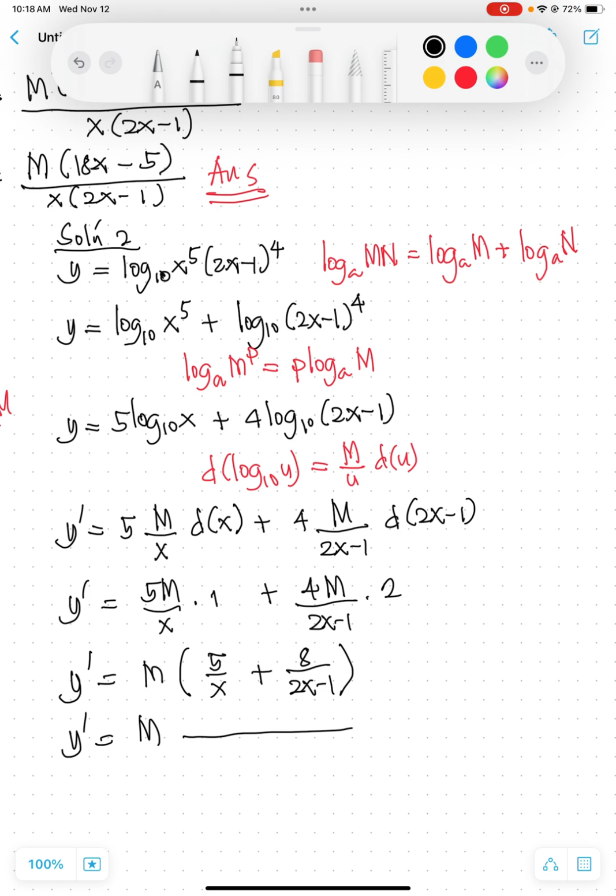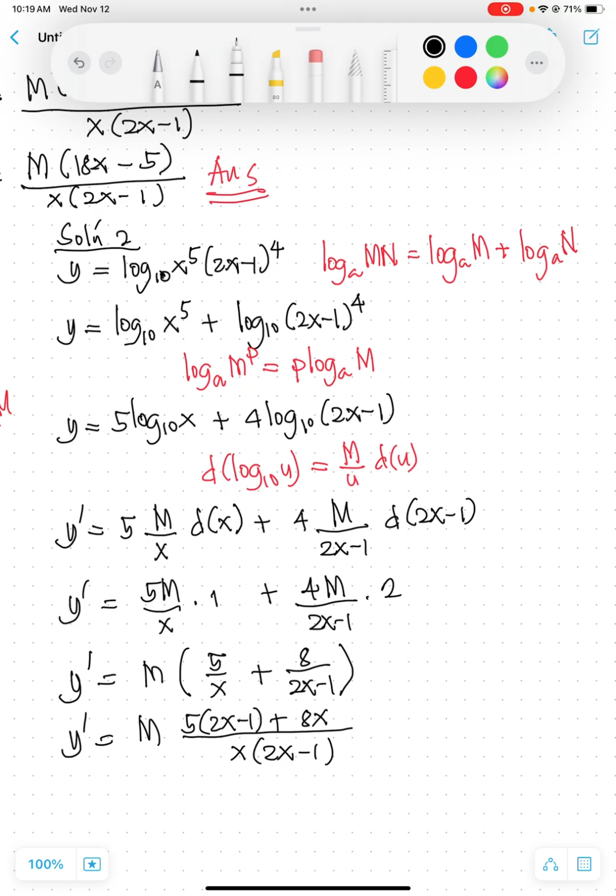Our LCD here is x times 2x minus 1. The LCD divided by x is 2x minus 1, so we multiply it to 5, giving 5 times 2x minus 1. And the LCD divided by 2x minus 1 equals x, and we multiply it to 8, so I'll have 8x.